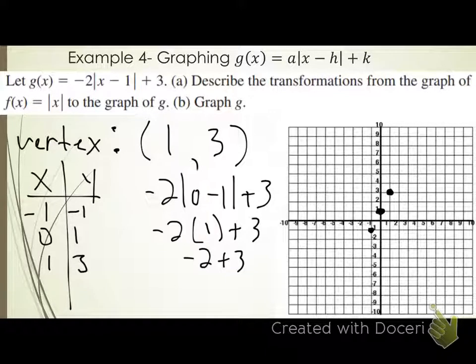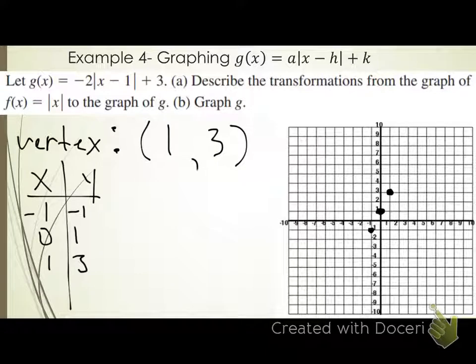Where is it symmetric? X equals 1, correct? Symmetric about that line. So I know I can reflect this half of my graph over that line. So I'd get a point there, as well as a point there. And I now have my graph.